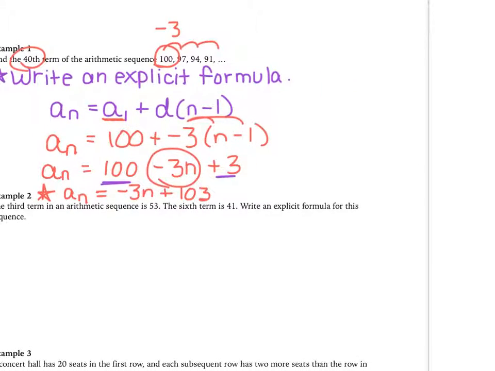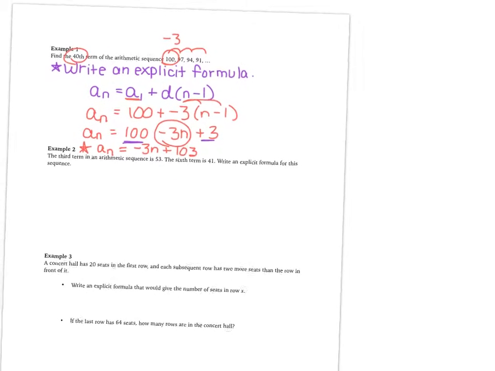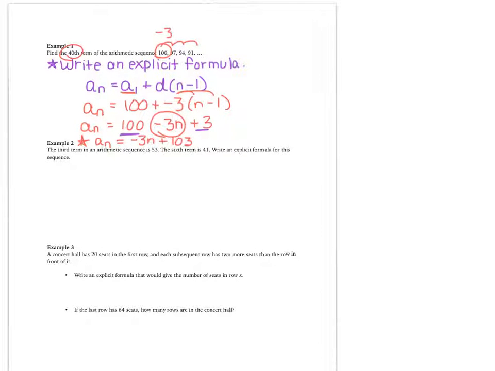So from here, I'm going to now take what I just had there. Let's see. I want to find the 40th term. So to find term 40, I'm doing negative 3 times n, which is the 40, plus 103.